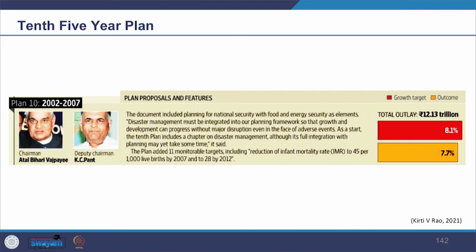The focus was also on reducing the infant and maternal mortality rates, and improving the literacy rate. Then the focus was also on improving the access to potable drinking water and cleaning of major polluted rivers. And in this plan, the target growth was 8% and the achievement was 7.6%.